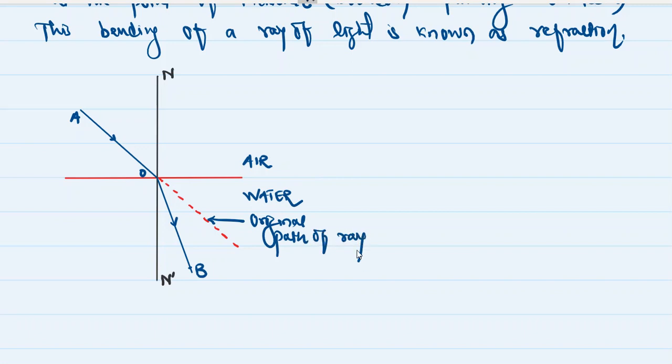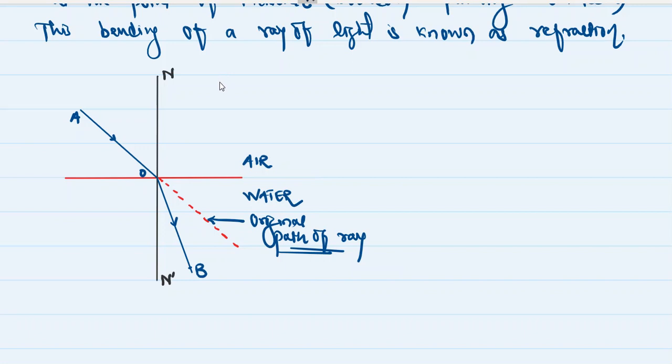So just imagine if there would have been no water, or you can say the second medium, then the ray of light would have traveled in this original path. But because there is water, because there is another medium in the way of the ray of light, what happens is it bends, it changes its path. This is refraction. This is what we are going to study in this chapter.